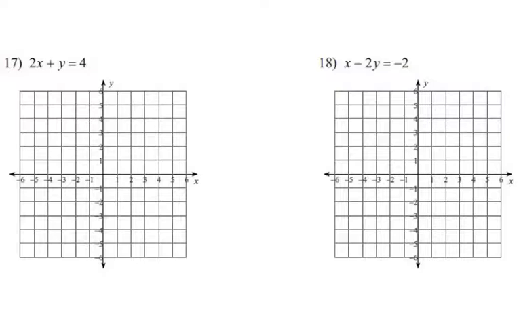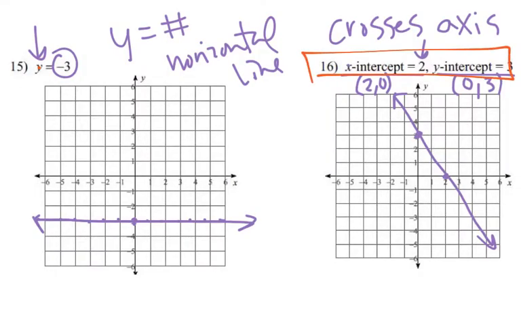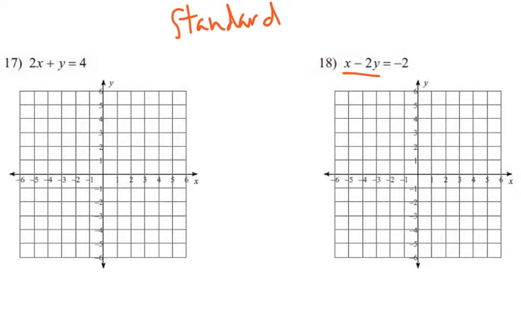Okay, these ones are called standard form. They're standard form because they have the x and the y on the same side. So what you want to do is actually find these guys, the x and y intercept. And because the x-intercept has a y of 0 and the y-intercept has an x of 0, here's how we do it.